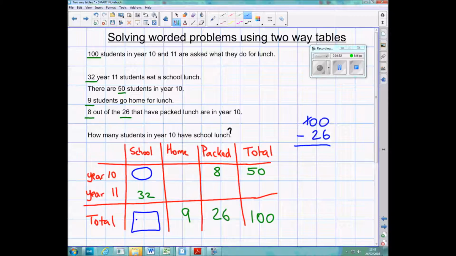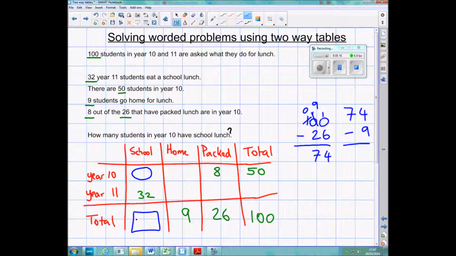Now, I can't do 0 take away 6, so I'm going to have to borrow, but there's nothing I can borrow from the next number, so I'm going to have to borrow from the one before that. So now I can. I've got 10 take away 6 is 4, 9 take away 2 is 7, so I've got 74. But remember, I've still got to take away that 9, so 74 take away 9.